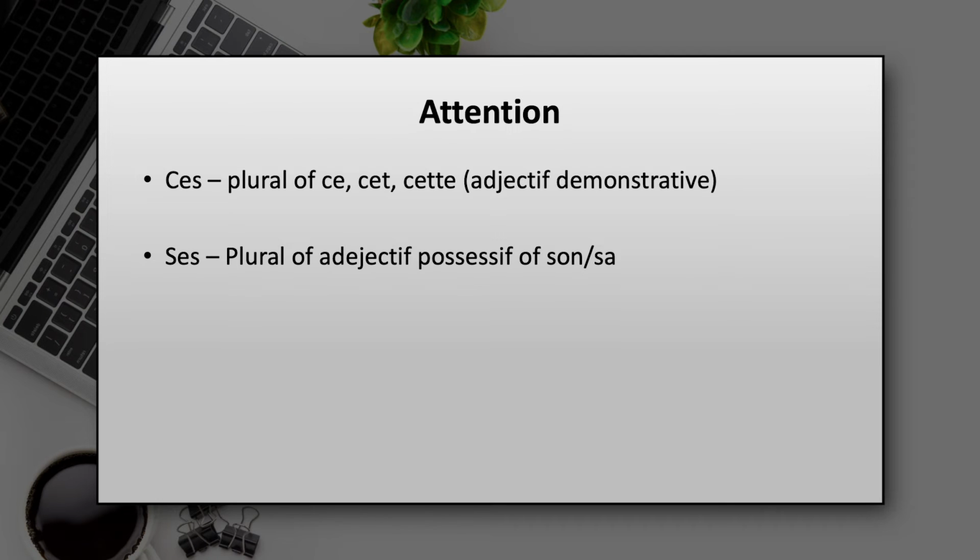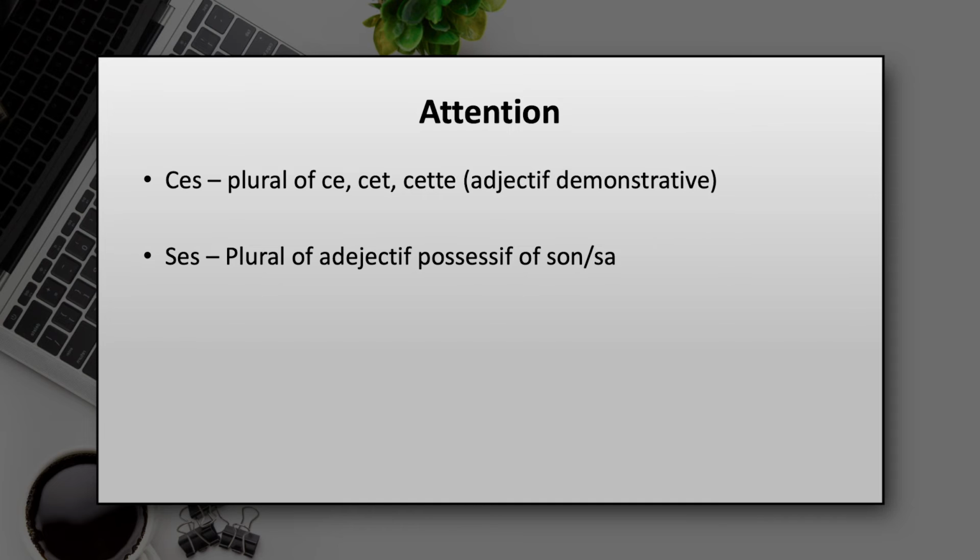So, remember, now you have to also pay attention to another aspect. Ces is the plural of ce, cet and cette. You remember in the previous lessons, which we have done much earlier, we talked about ce, cet and cette. These are the demonstrative adjectives. You kind of demonstrate this.